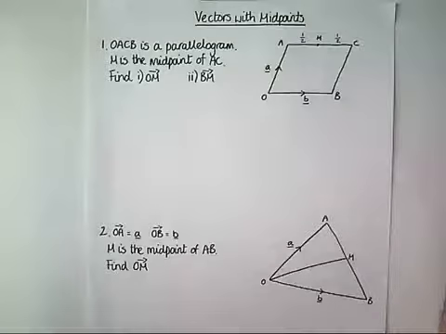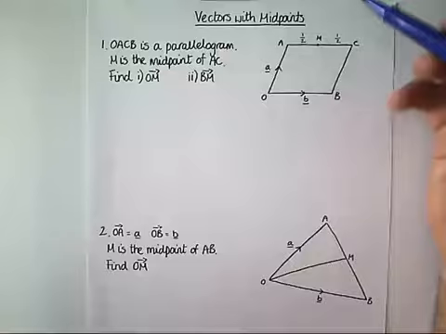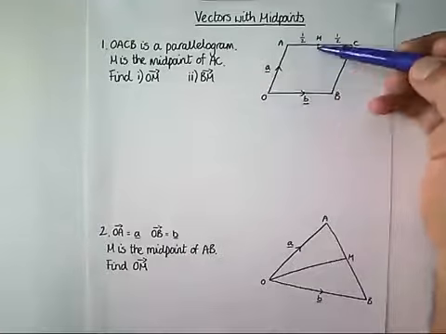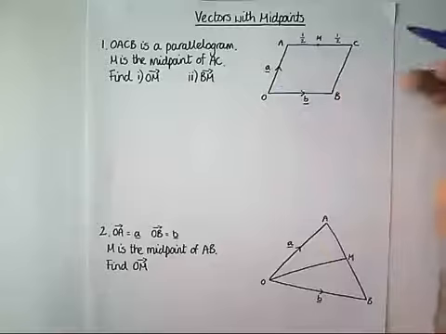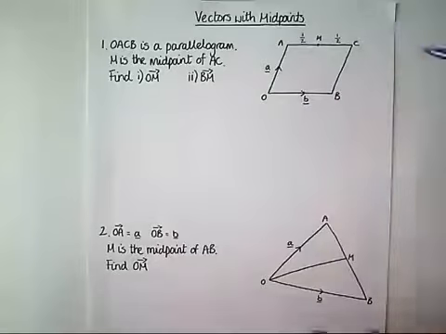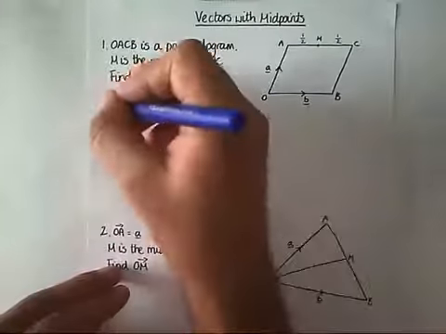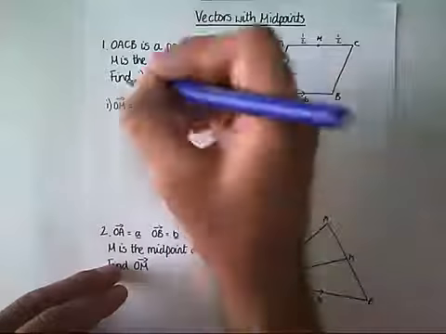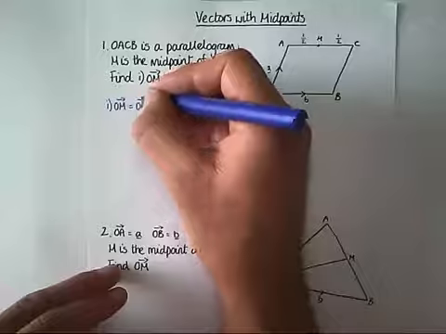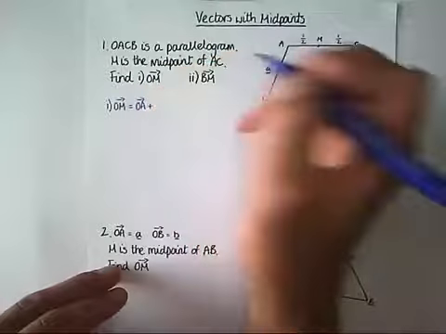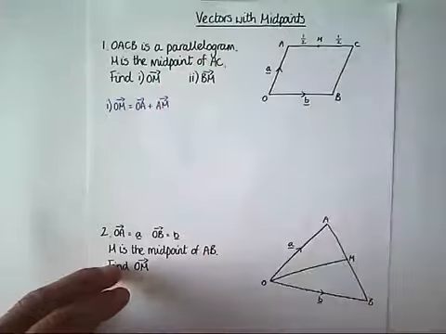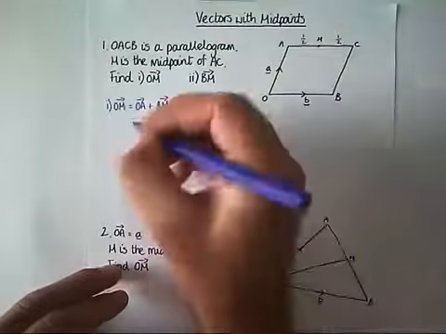Okay, so first question, we want to go from O to M. Again, we're going to use routes that we know. We actually want the vector of O to M, but we have to do it down routes that we know. Let's do our journey for O to M. We will go from O to A and then A to M. O to A is nice and easy.